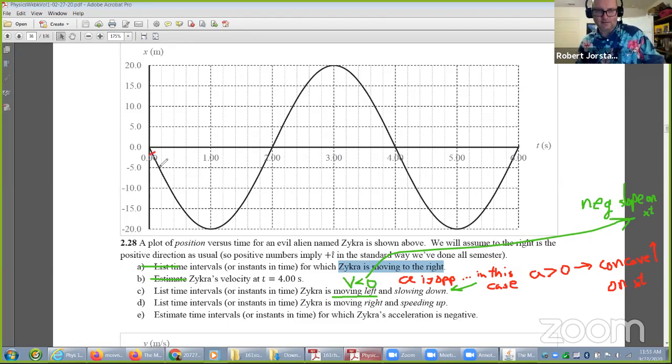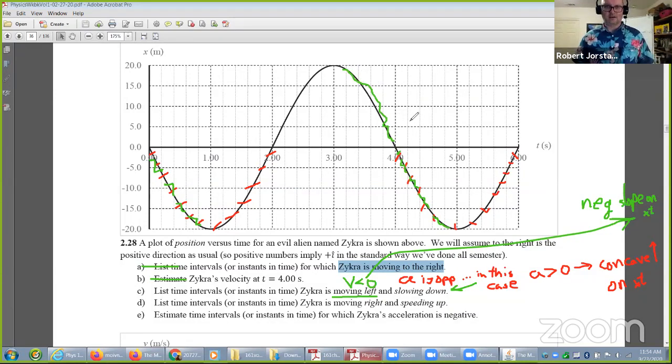So here's the concave up. Let's get the concave up marked. There's concave up, and now we also need negative slope, right? Well, isn't that right here? And then not right there, and then right there. Those are the only regions that have both of it. I guess this is also a negative slope, isn't it?